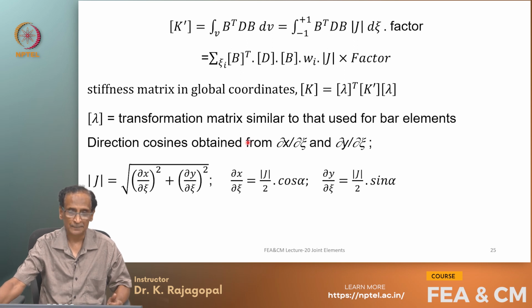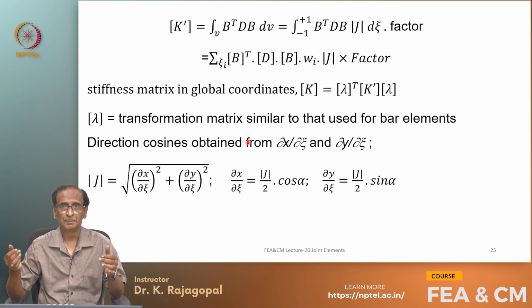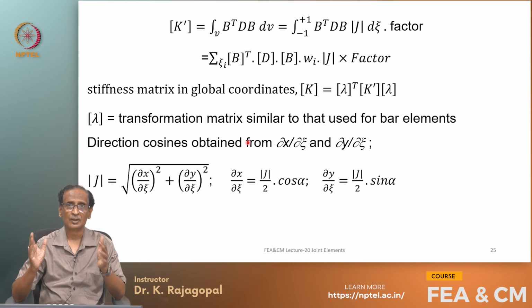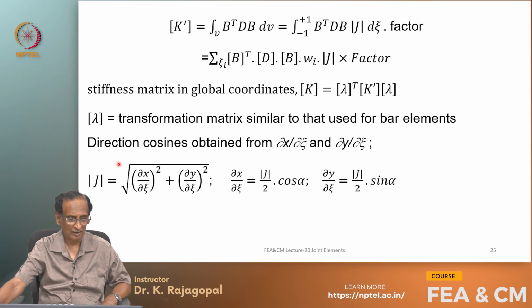For these surfaces we can get our direction cosines, cosine theta and sin theta, from dou x by dou xi and dou y by dou xi, and the determinant of the Jacobian we can get as the square root of dou x by dou xi whole square plus dou y by dou xi whole square.